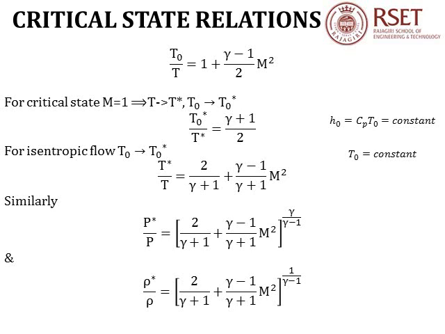So taking this to our advantage, we can obtain the relation between the temperature at critical state and the temperature at any particular point in the flow field by dividing the first equation with the second equation, and we obtain equation number 3 that relates the critical state temperature with the static temperature of fluid at any point on the flow field.